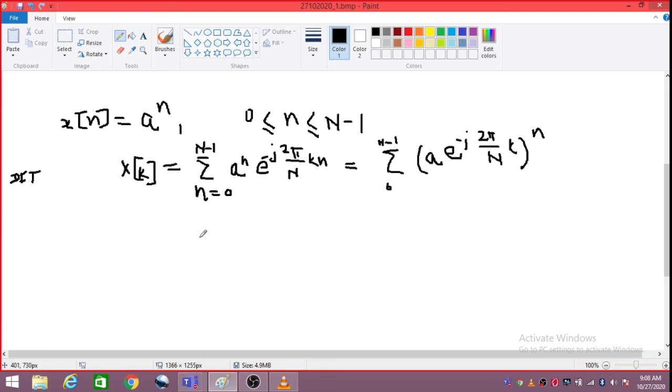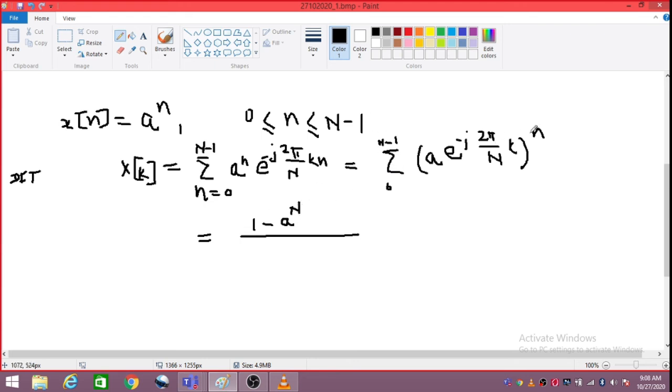So its summation will be equal to 1 minus e raised to power n, because total number of terms are capital N, 0 to n minus 1.